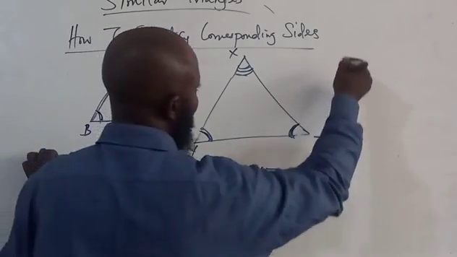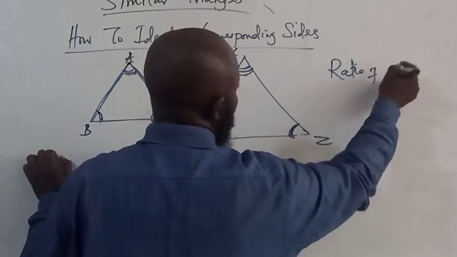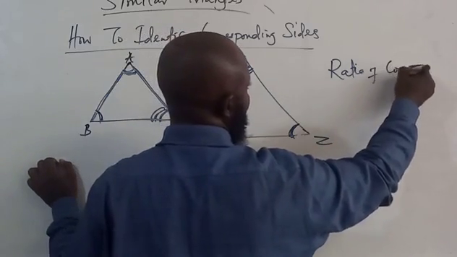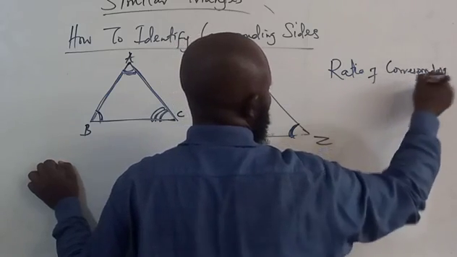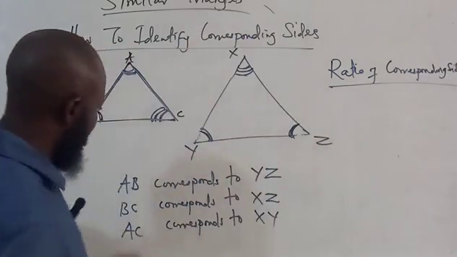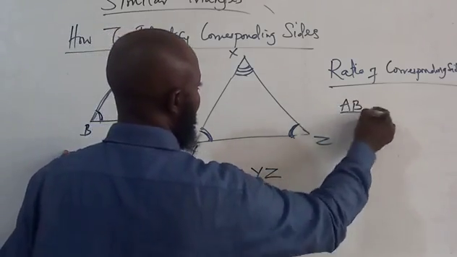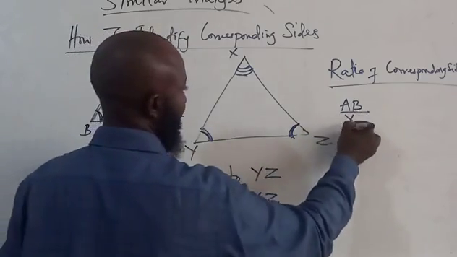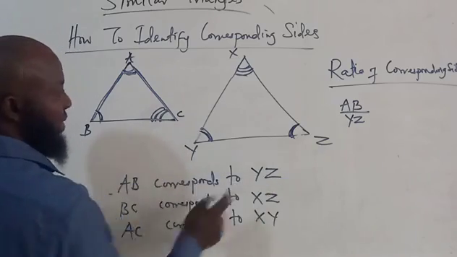So let's look at the ratio here. Ratio of corresponding sides. So I will just be picking this AB, which corresponds to YZ. The ratio of this one is AB divided by YZ.